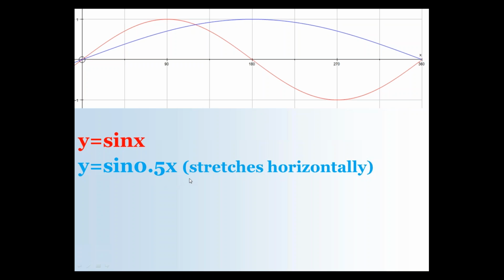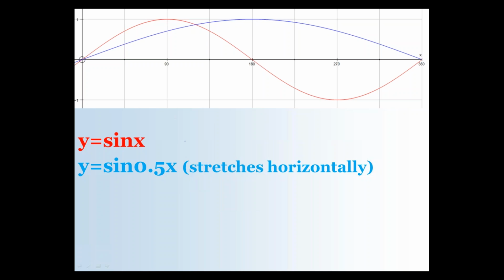The period, on the other hand, is the length it takes to do one full wave. On a regular sine graph, the period is 360 degrees, or 2 pi. That is the distance it takes to travel through one wave. Whereas you can see from sine half x, you'd need to go another 360 degrees to complete a full wave.